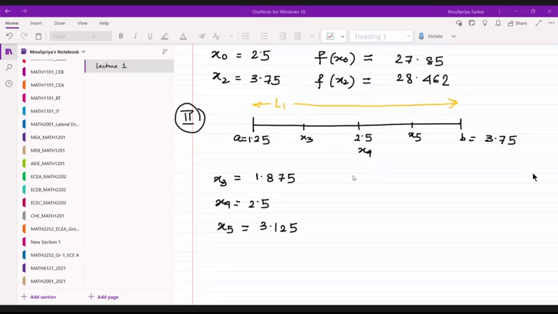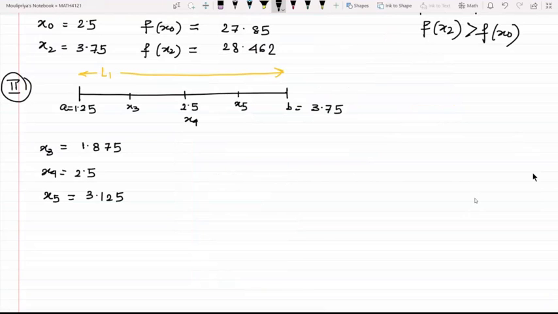Did I write it correctly? Am I okay with the calculation?